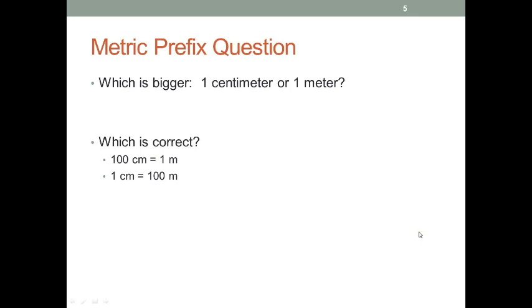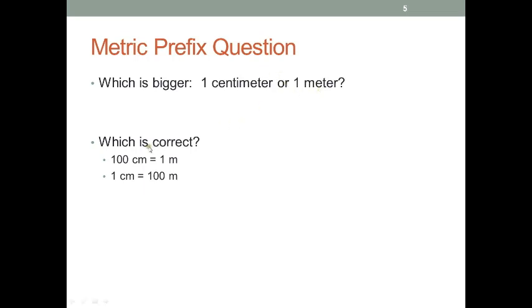One thing I encourage you to do is use your intuition. You can't always just get it right the first time. So think about it. Pause a minute. Which is bigger, a centimeter or a meter? Hopefully you're all saying, well, the meter's bigger, right? Therefore, it takes more centimeters to make up the same distance that 1 meter covers.